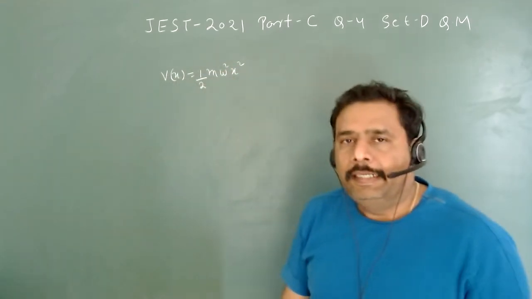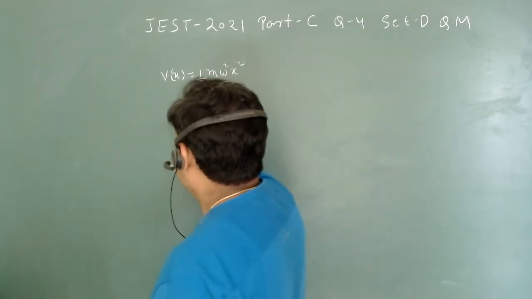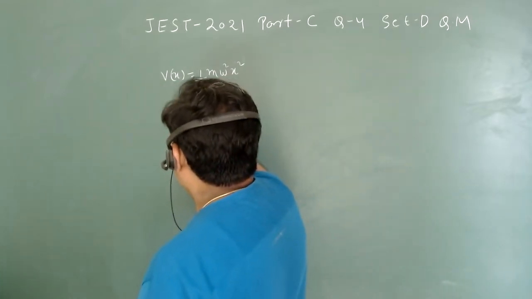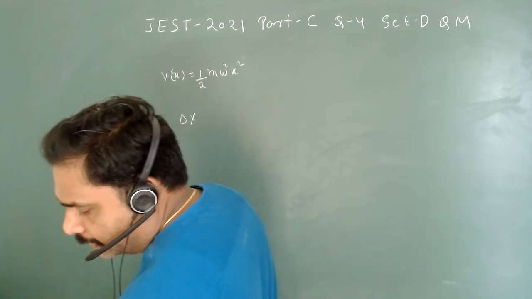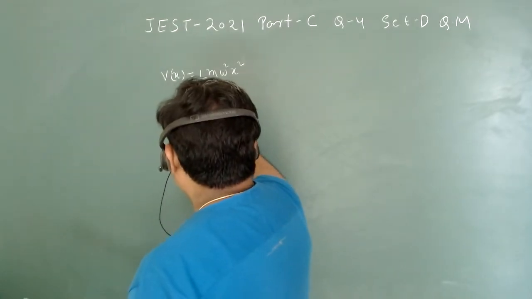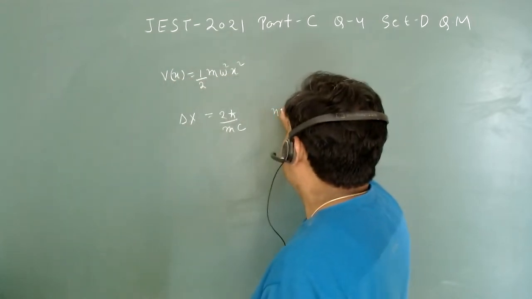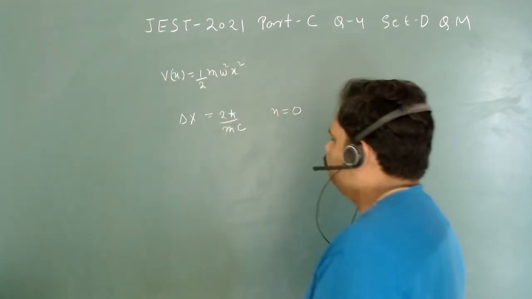Now it is given that for the ground state, the uncertainty delta x is something like 2 h cut upon mc, and this is given for the ground state, meaning n is equal to 0.